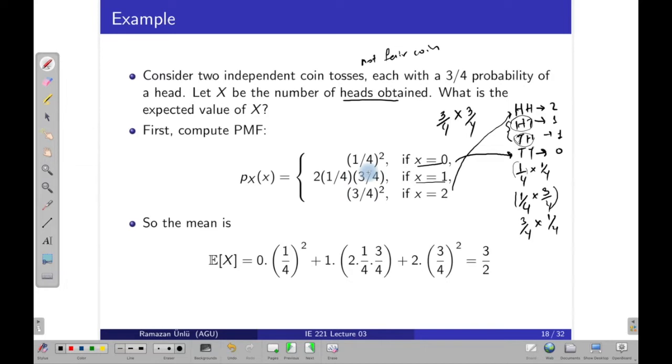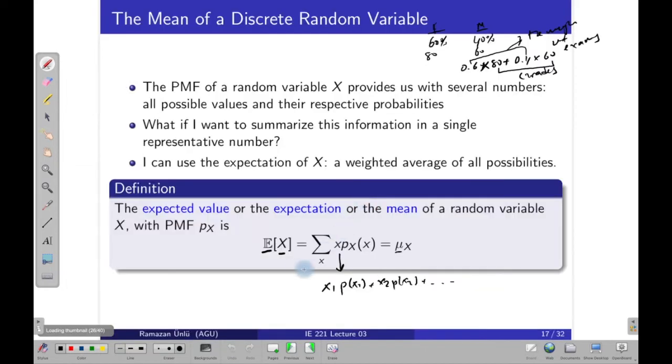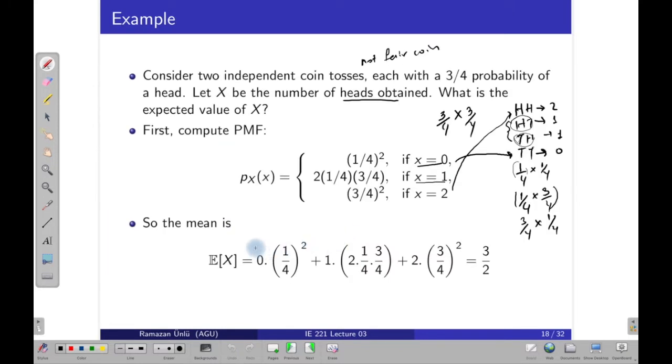So these are the PMF. And remember the definition of the expected value: the summation of the values times their corresponding probability. So in this case, the first x, the x1, and the probability of this is 1 over 4, times 1 over 4 square, plus this x times this probability, plus 2 times this probability.